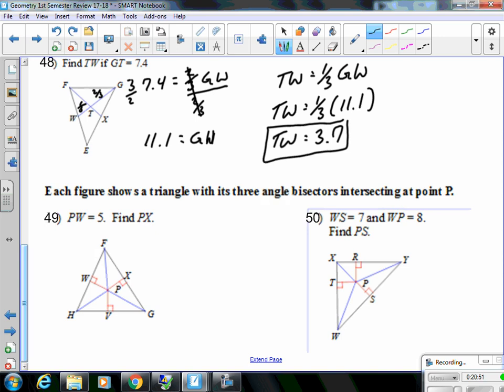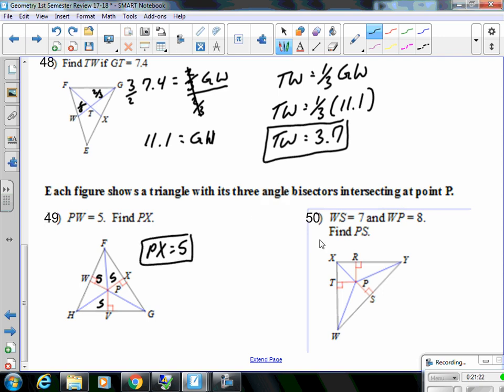So we know that PW, from P to W, is 5, and they want from P to X. The blue lines here are the angle bisectors, and so that point P is equidistant from each side. So if P to W is 5, then actually P to every side is 5. So PX is going to equal 5.